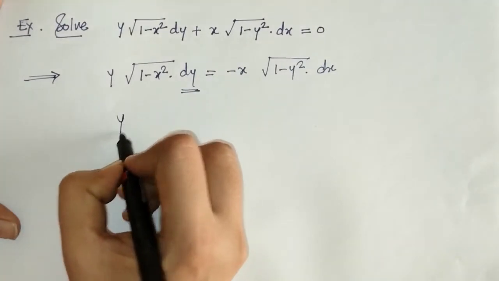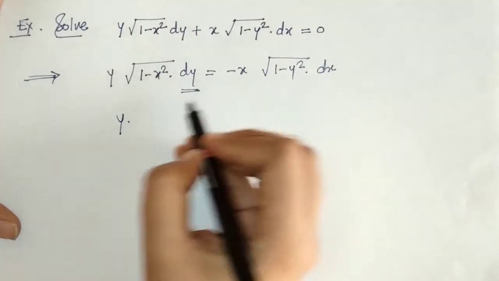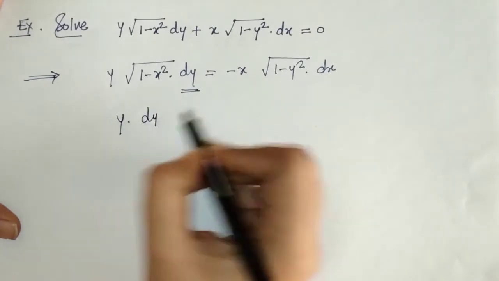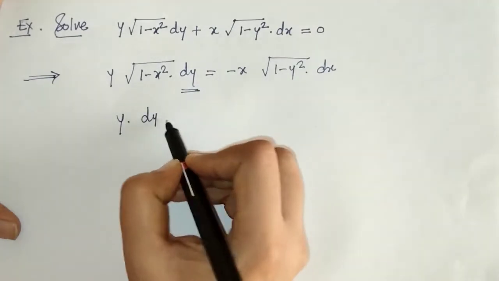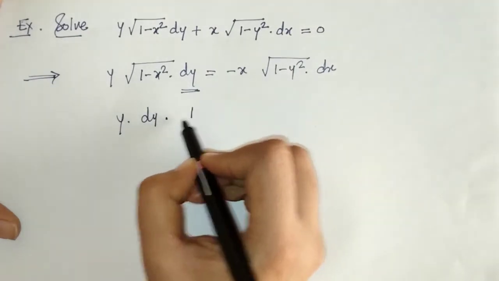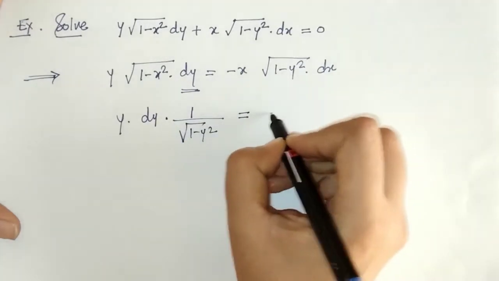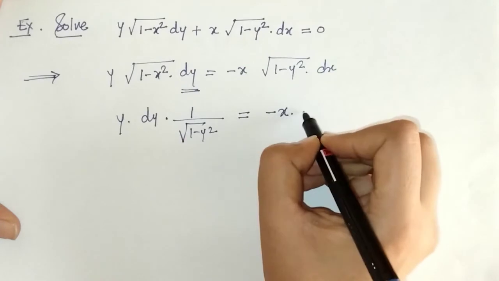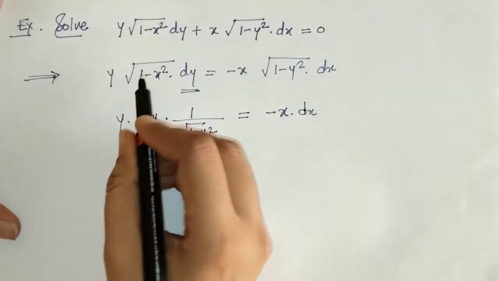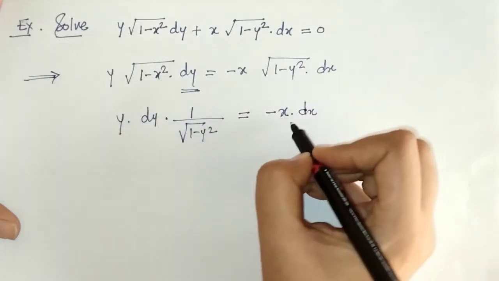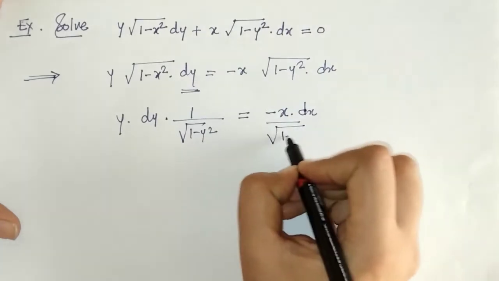So we will have y into dy, and we will shift the term root of 1 minus y square down here. Then on the other side we have x, and we can shift this term, so we will have this, right?